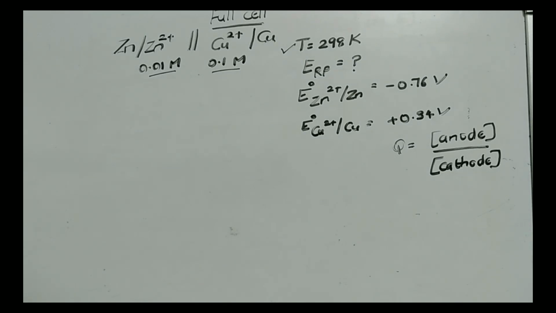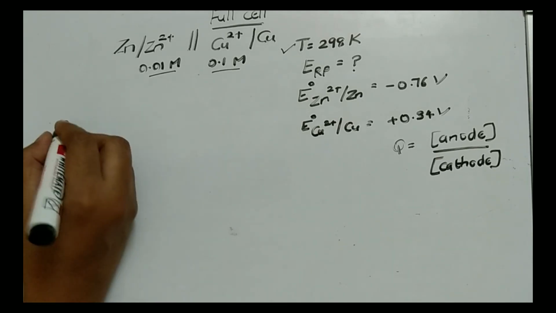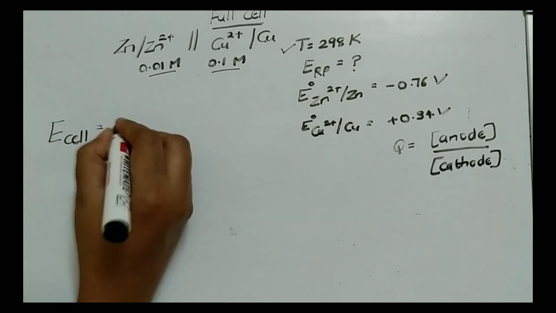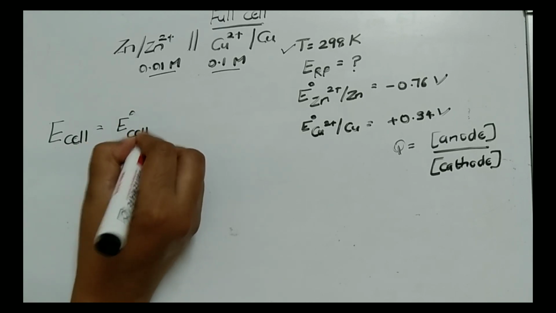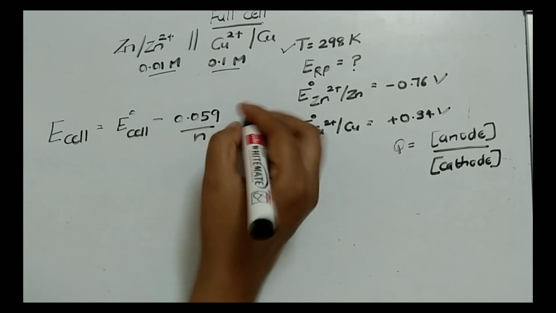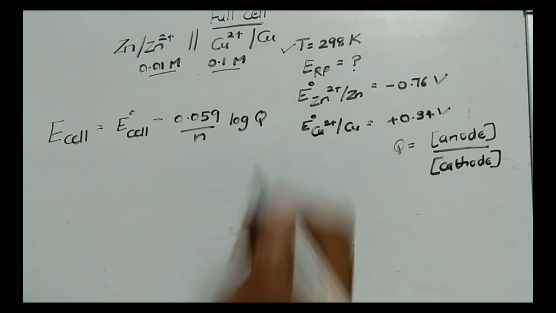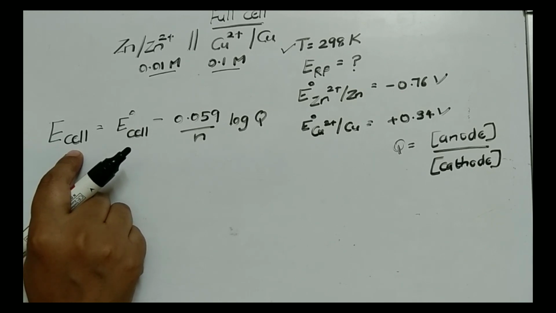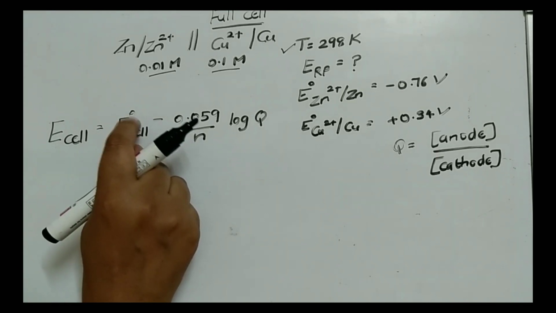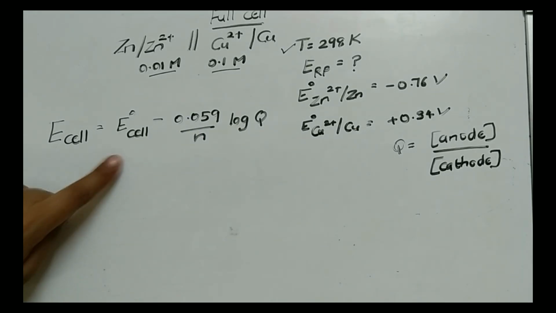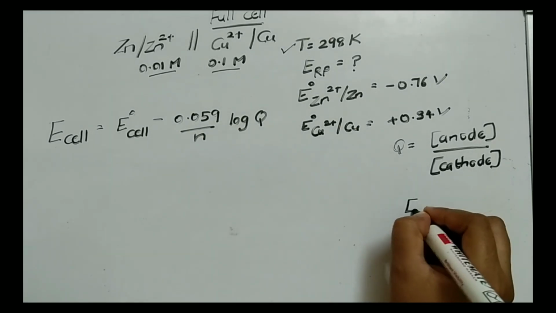Temperature is already given as 298 K, but the other data are not the same. So we will use the Nernst equation, the same third equation: E cell is equal to E degree cell minus 0.059 upon n log of Q. Now E cell we need to calculate. For E degree cell, 2 cells are there, so use the first equation.